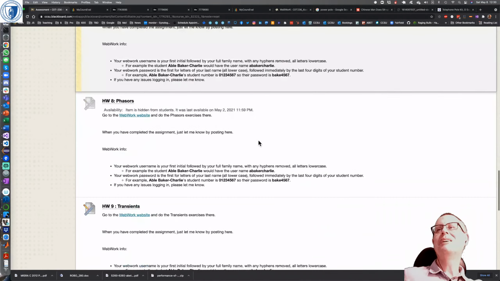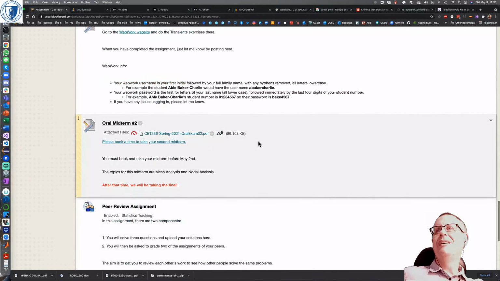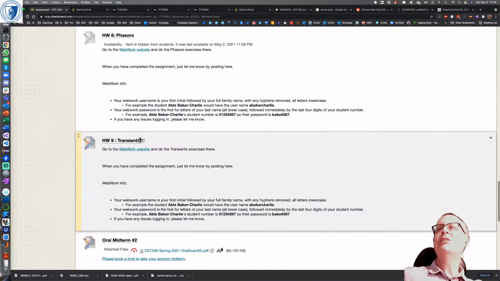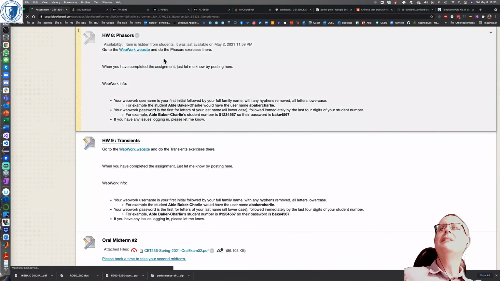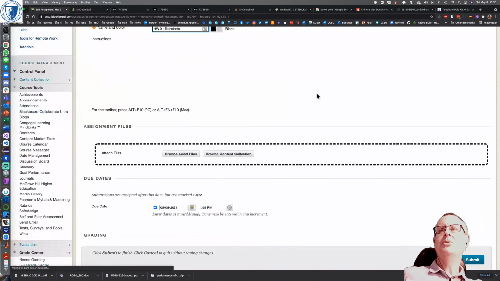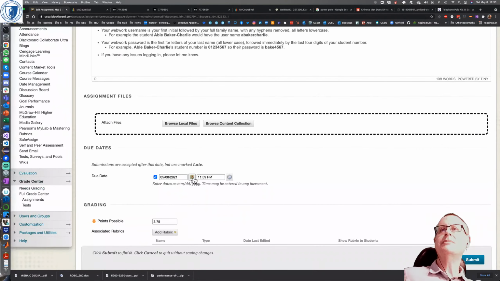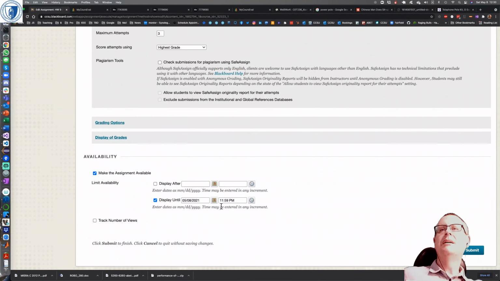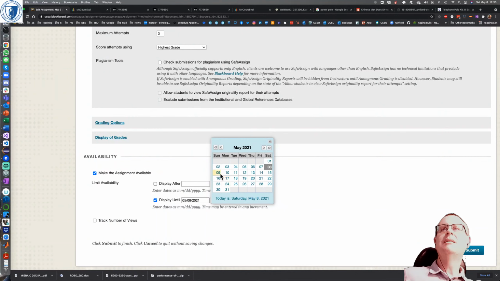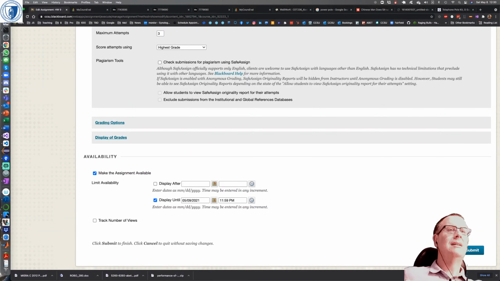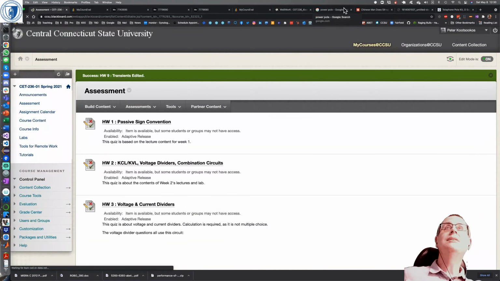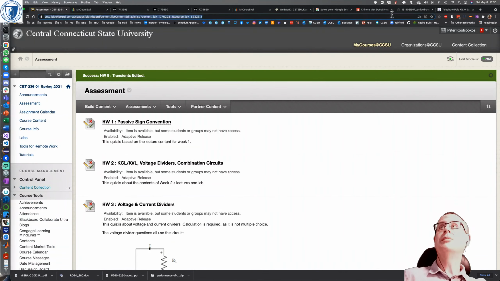Mehul Kumar, where is it gone? Homework 9, let's make it due tomorrow. So that is the 9th. And I need to go to WebWork and fix it there as well, don't I?